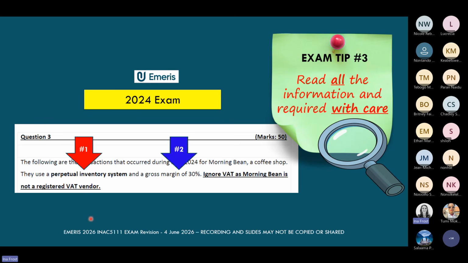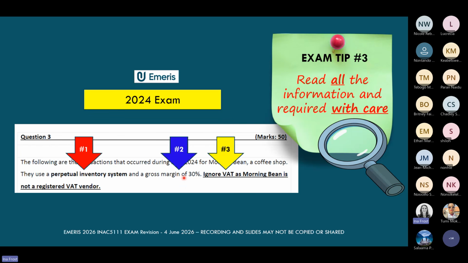Then the second key bit of information that they give is the markup or formula that's being used. So in this question, we're using a gross margin of 30%. And that, of course, is also key information, because if we're using a perpetual inventory system, it means we have to work out the cost of sale after every sale or sales return. And to be able to do that, we need this bit of information.